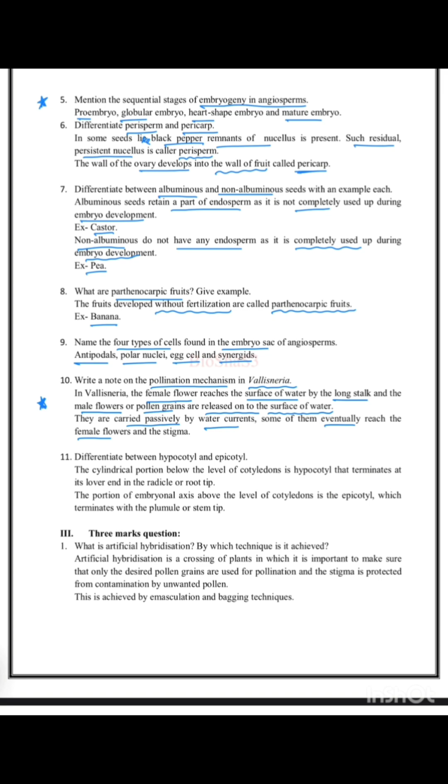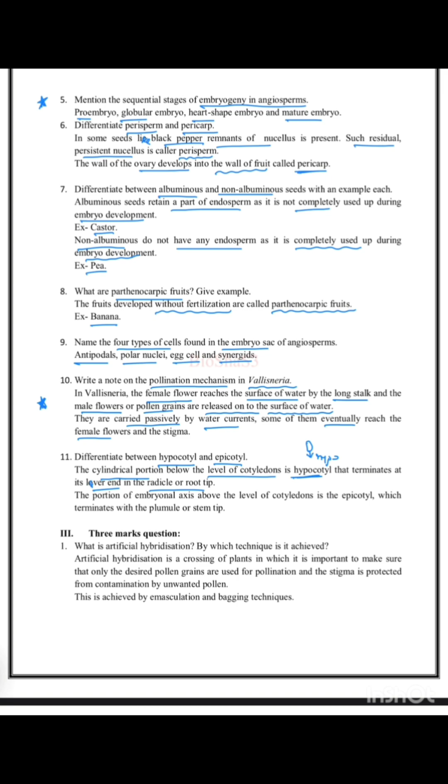Differentiate between hypocotyl and epicotyl. The cylindrical portion below the level of cotyledon is hypocotyl. Below the cotyledon, it terminates at its lower end in the radicle or root tip.